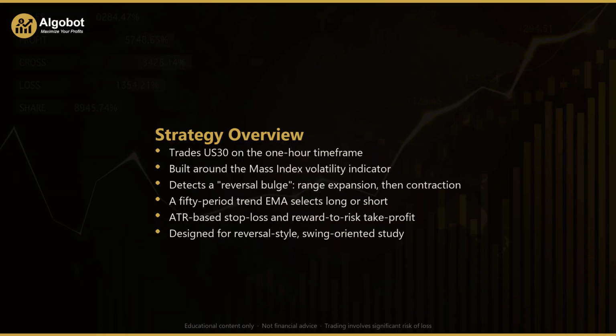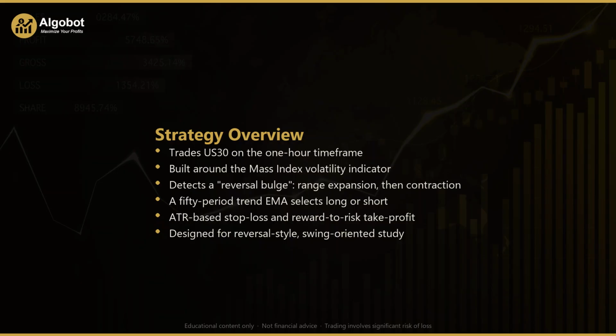That decision comes from a separate 50-period trend exponential moving average, or EMA, which acts as the side selector. If price is sitting above that trend line when the bulge completes, the strategy leans into a reversal to the downside. If price is below the trend line, it leans into a reversal to the upside. In other words, it aims to trade against a move that appears to be running out of steam.